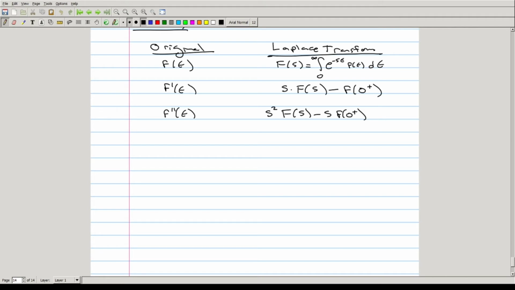And we've shown that the Laplace transform of a definite integral from 0 to t is going to be 1 over s times the Laplace transform of the original function f.